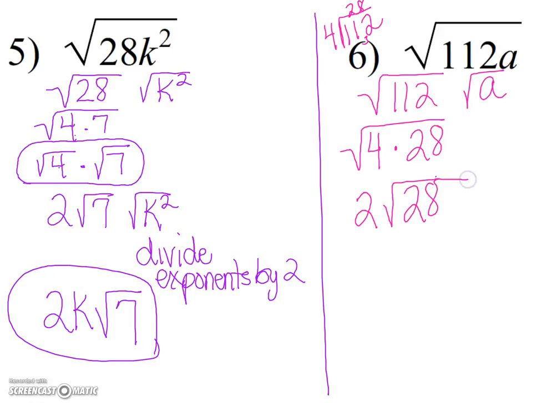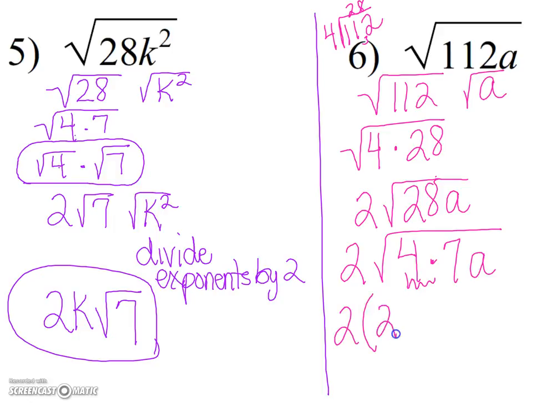And I just told you the a is not going to come out, so I'm going to leave it under the radical. From problem number 5, we know that 28 can be broken down into 4 times 7. So now this is 2 square root 4 times 7. Bring down the a. The square root of 4 is going to be 2. So it's 2 times 2 square root 7a. 2 times 2 is 4 square root 7a.